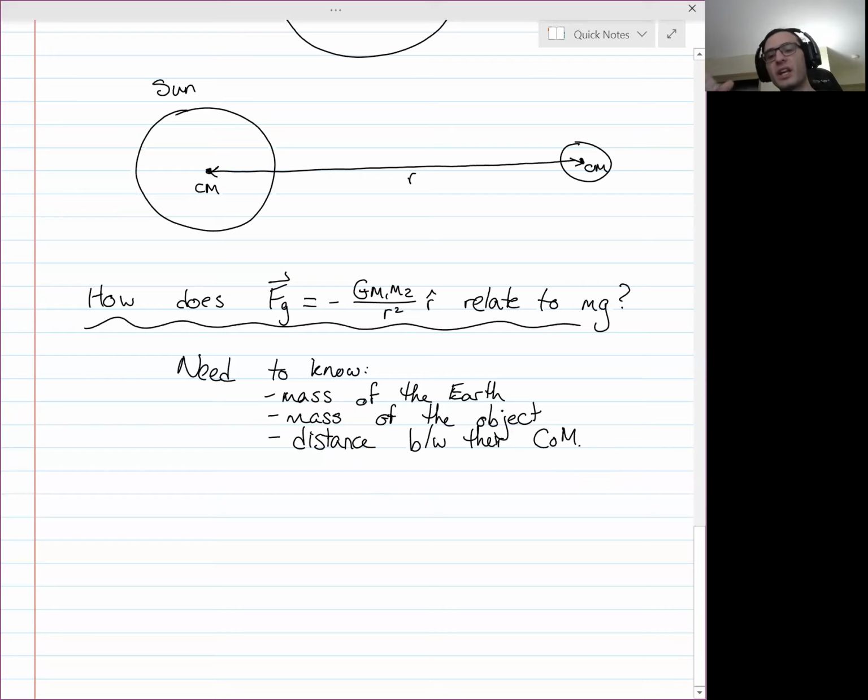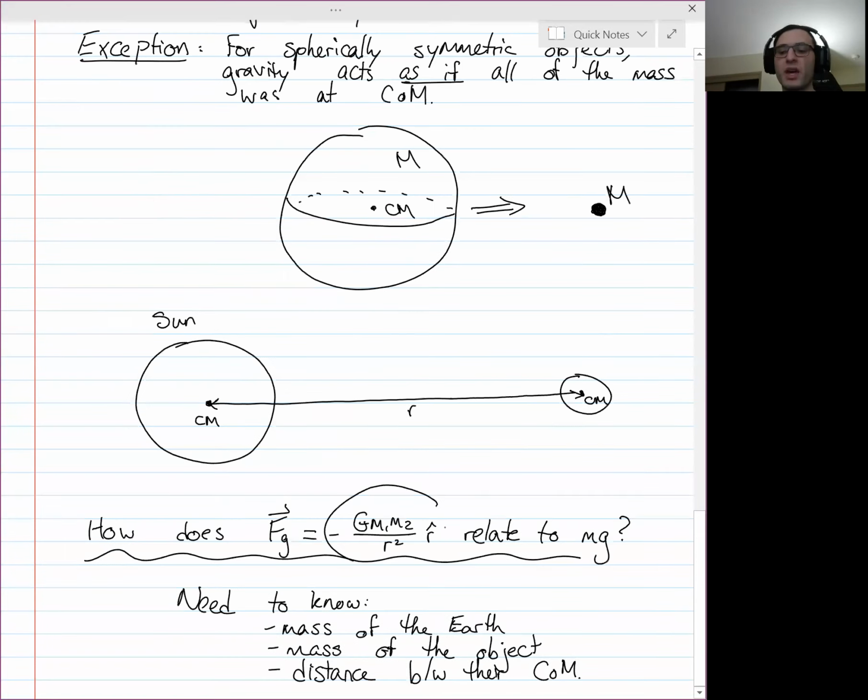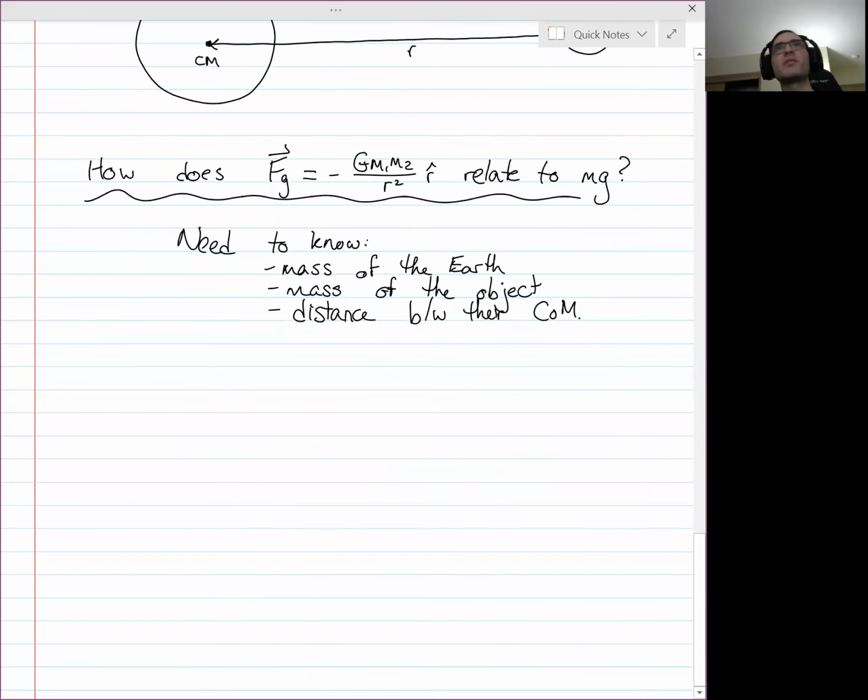Now, by the way, you might object that not all objects that we act gravitationally on with the Earth are spherically symmetric, so how can we apply this rule? But consider the size of the Earth, and consider that relative to the distance that the object is from the center of the Earth, any normal-sized objects will be basically point masses.